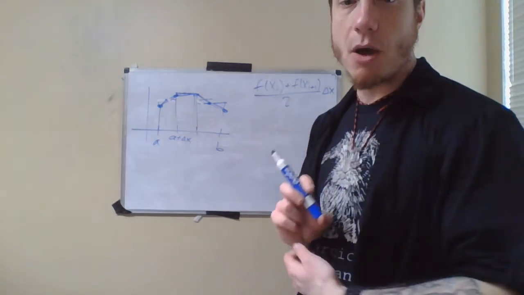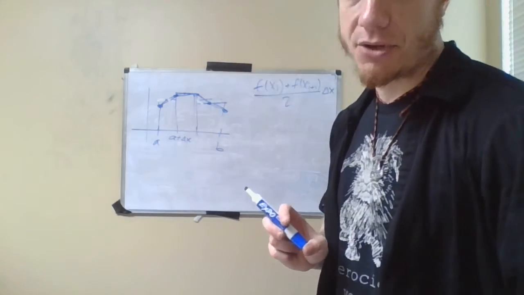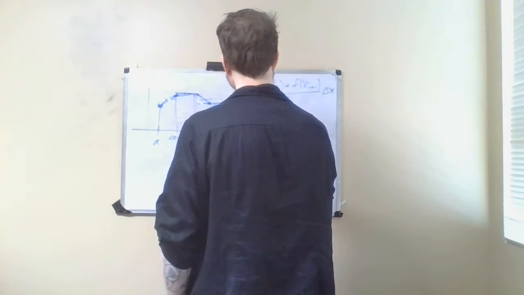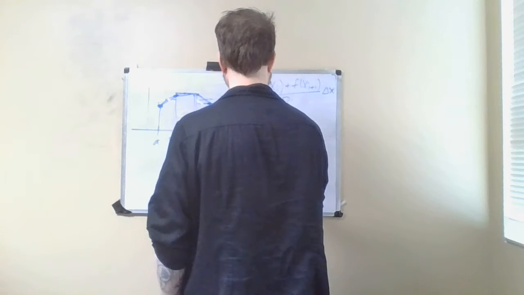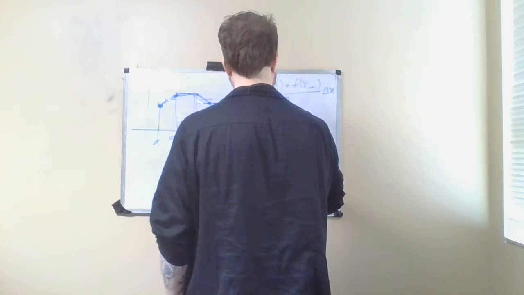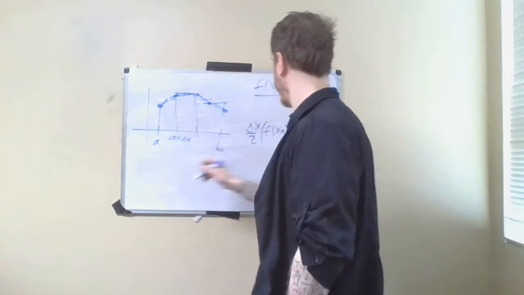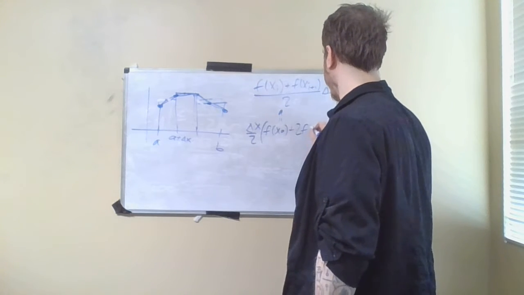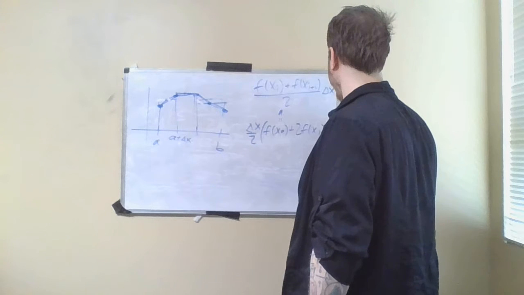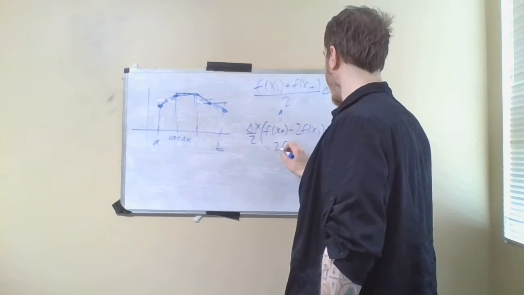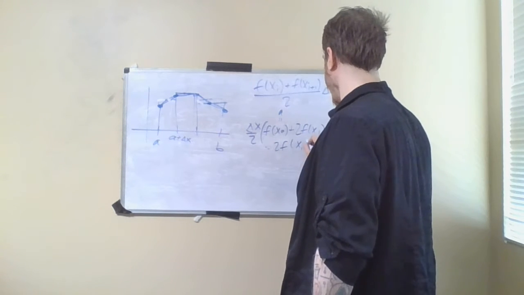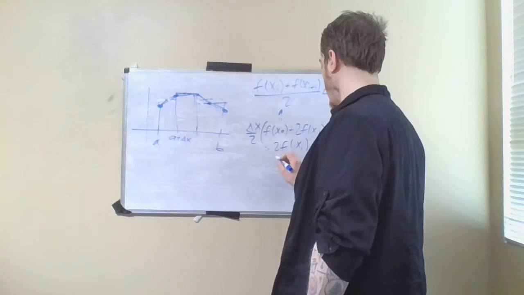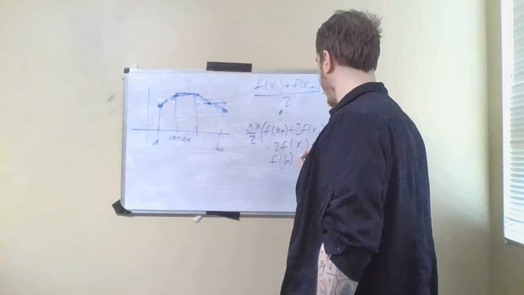So when you work out what this rule is, it turns out that this is going to give you delta x over 2 times f evaluated at x0, which is going to be a, plus 2 times f of x1 plus 2 times f of xi in general, plus all the way until we get to b, at which point we just have one of those.